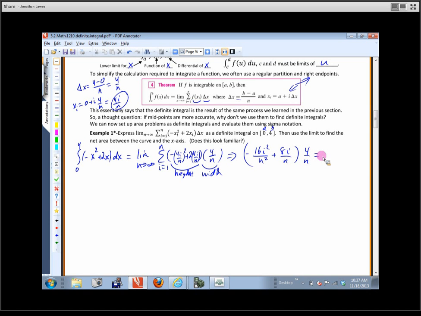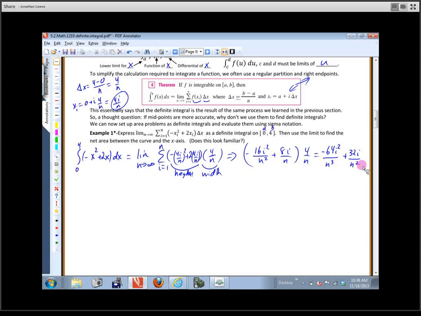I'm going to distribute through, if that's okay. So this is going to be negative 64i squared over n cubed. And then this is going to be plus 32i over n squared. Everybody okay with that?